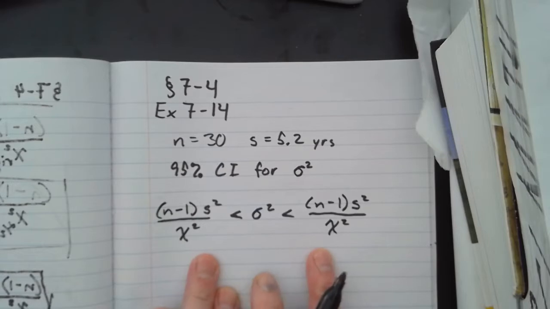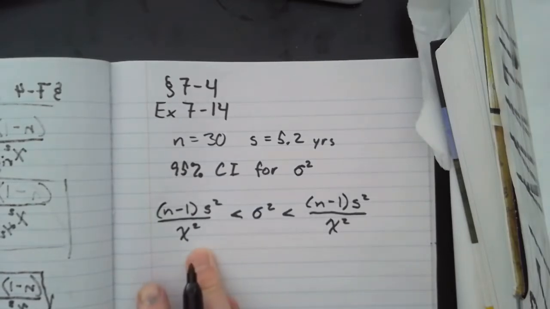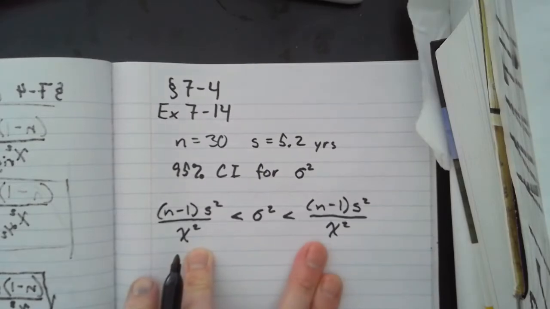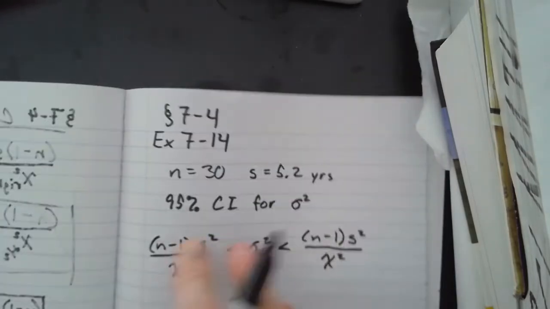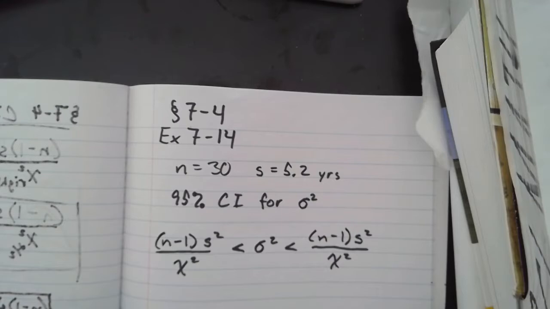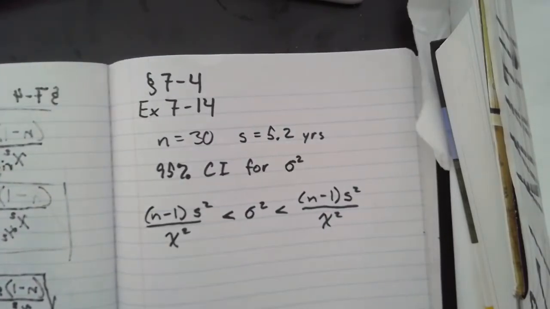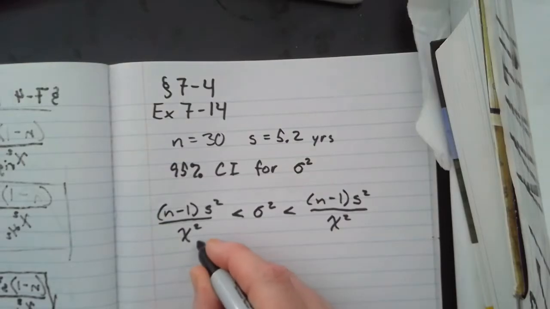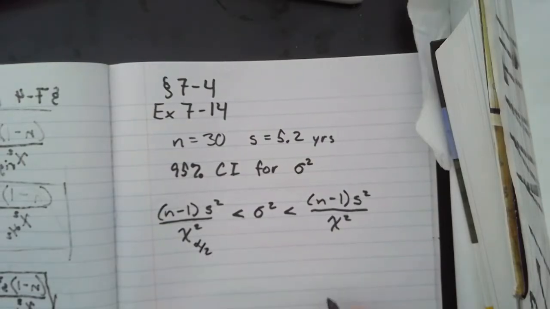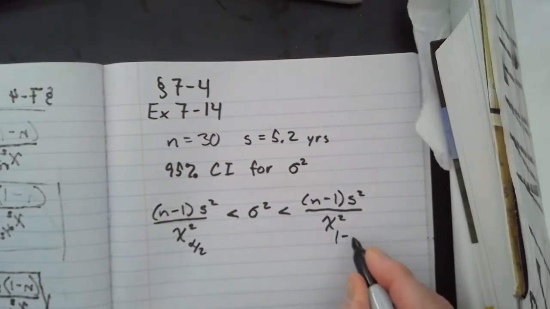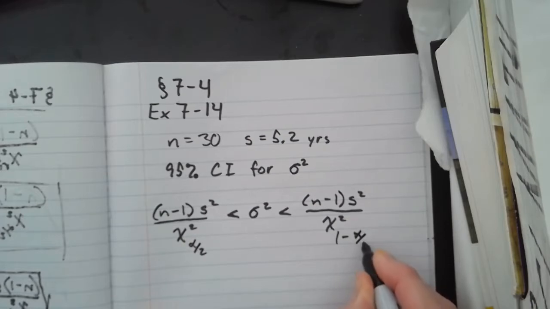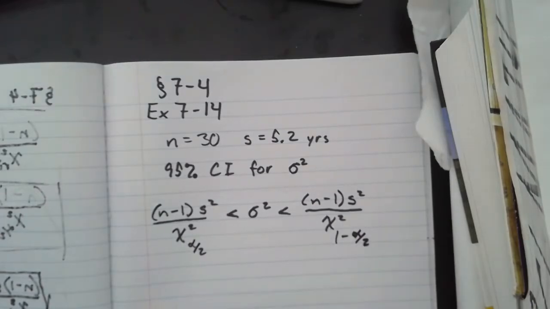If we want to use the book's notation and say right and left, we have to switch it up and remember that this one's going to be the right and this one's going to be the left. We switch it around. Well, anyhow, you have to switch it up. Or the way I like to remember this is this is the low decimal value, that's alpha over 2, and then this is going to be the higher decimal value, so that's 1 minus alpha over 2.